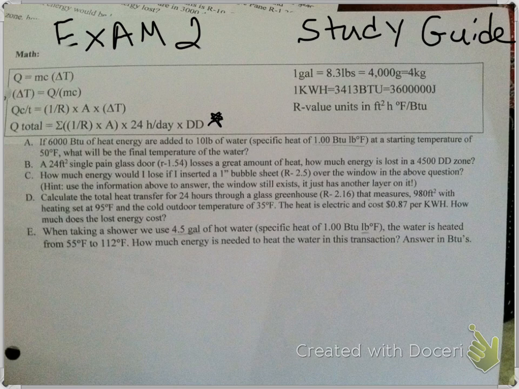So calculating this, we have a time here in the problem, an R value, an area, and a change in temperature. So I know I'm going to use the equation that solves for time with the area and the change in temperature. So let's set that up.